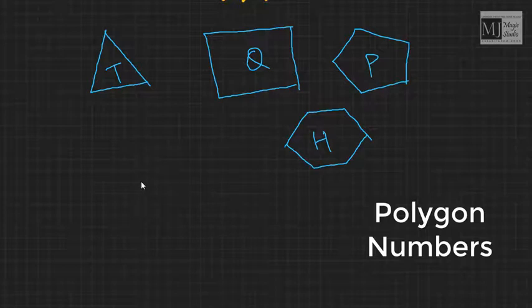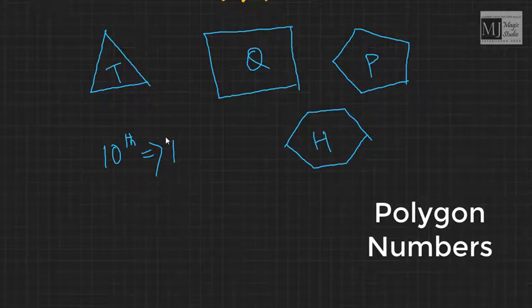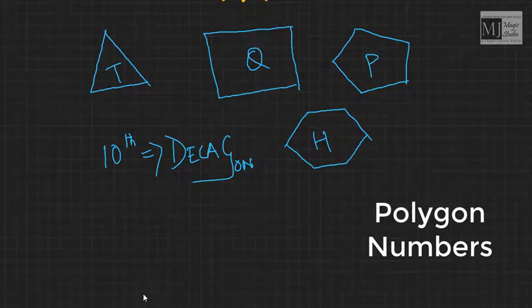And the 10th one with 10 sides, decagon. So we have triangles, quadrilaterals, pentagons, hexagons, septagons, octagons, nonagons, and decagons, and on and on. Fine. So these are known as polygons.